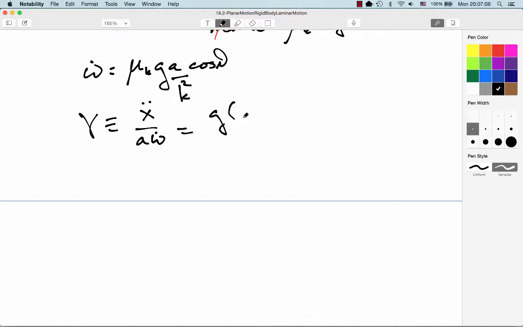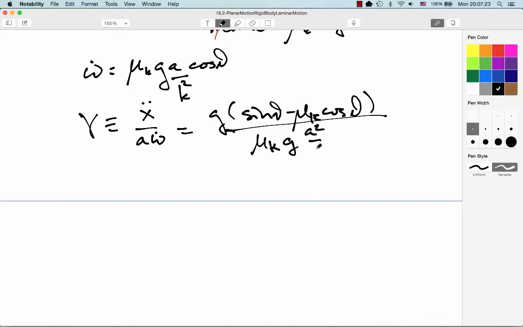It'll be g times sine theta minus mu k cosine theta from Newton's second law, over mu k g a squared over k squared cosine theta. Okay, and we can cancel the g's, so apparently it doesn't matter what planet we do this on.